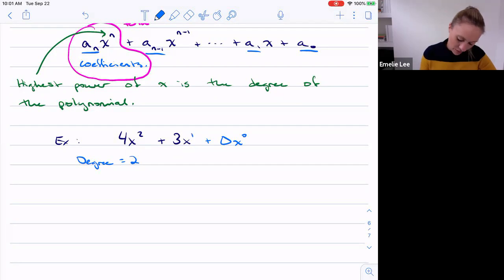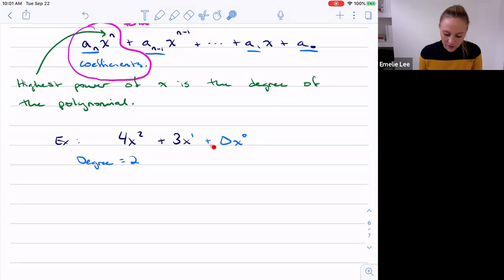Because here you've got 3x to the power of 1, and the whole idea of a polynomial is that if you've got a degree 2, then you start at 2, and there are powers of x decreasing from 2. Here, just x is technically x to the power of 1.